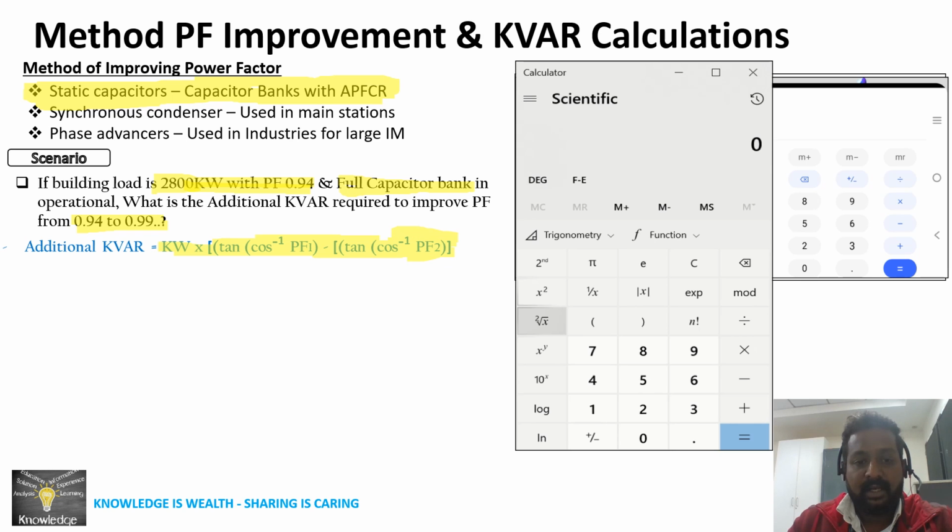In this scenario, our load is 2800 kilowatt, and tan of cos inverse of the previous power factor, what is currently maintained, 0.94, minus tan of cos inverse of what we require, 0.99. With this formula we can get the additional kVAR required.